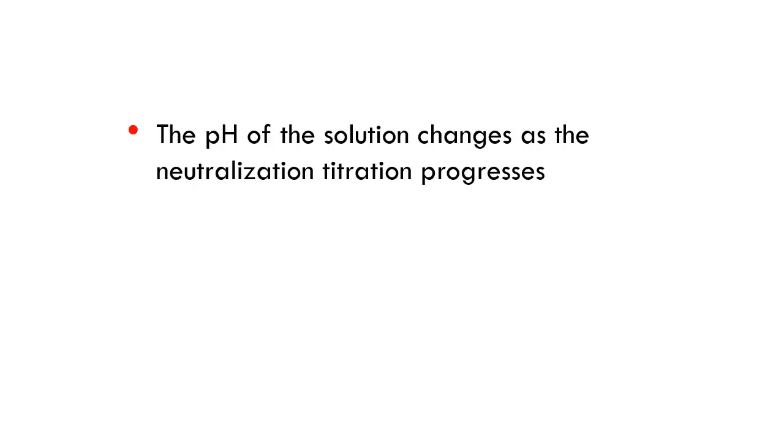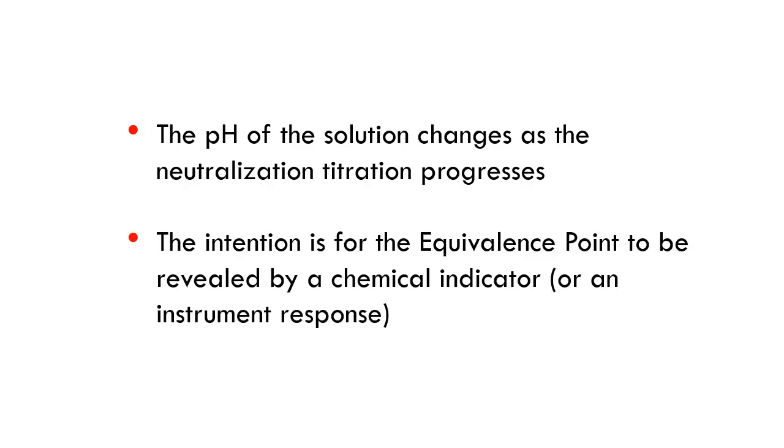So when we think about our neutralization titration, we know that the pH of the solution is going to be changing as the neutralization titration progresses. What we want to do is find a chemical indicator that reveals the endpoint of your reaction as closely as possible to the equivalence point of your reaction.